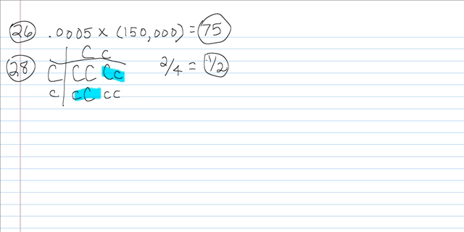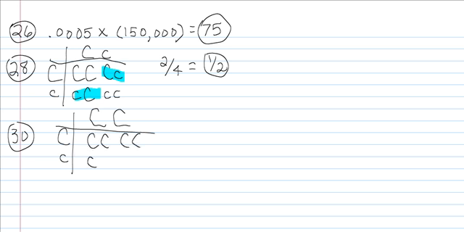Number 30. All right, suppose a child is born to one cystic fibrosis carrier and one non-carrier. Find the probability of each of the following. So let's make a new table. So 1 is a carrier and 1 is not. So there's our table.